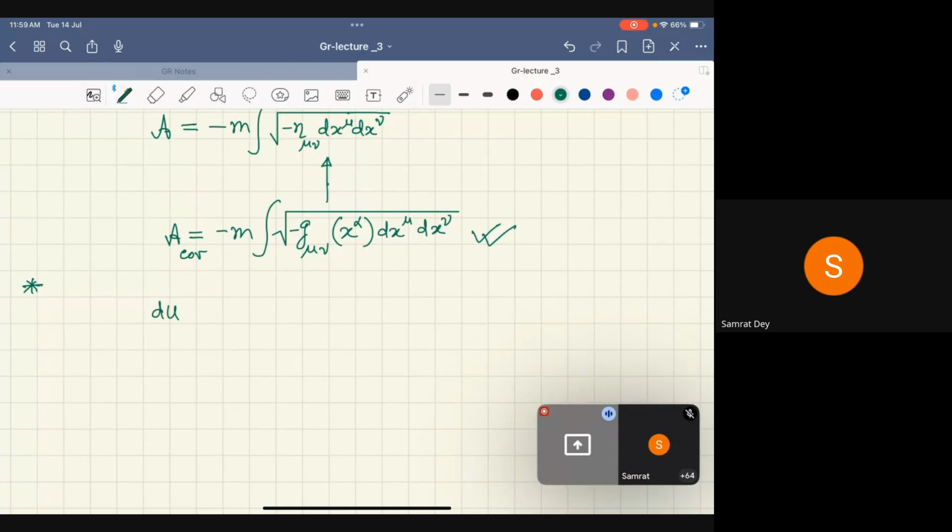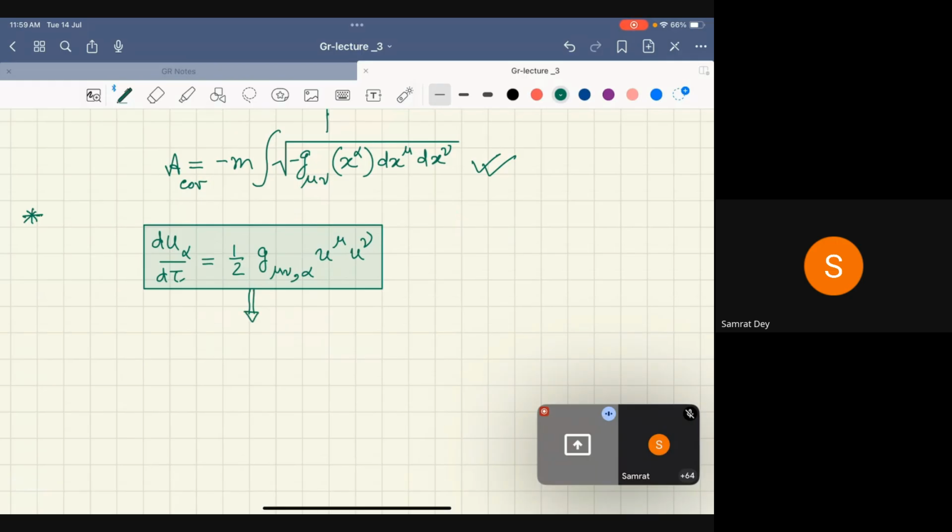If you may recollect your memory or look at my notes from yesterday's class, this is something which is known to you, and this is something which we had rewritten again, because this is the equation, and then we used some properties and some tricks to basically obtain the more well-known form for the geodesic equation, gamma nu beta lambda u beta u lambda equal to 0.